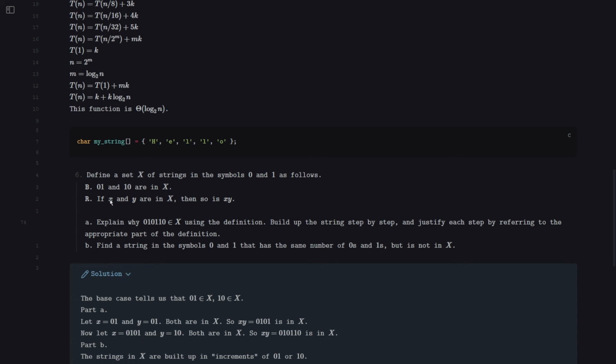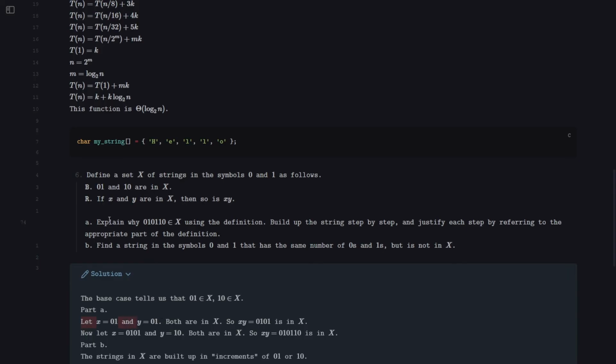Okay, so let's check the solution here. We also need to discuss what xy means, and we'll do that as we go. So let x equal 0 1 and y equal 0 1.